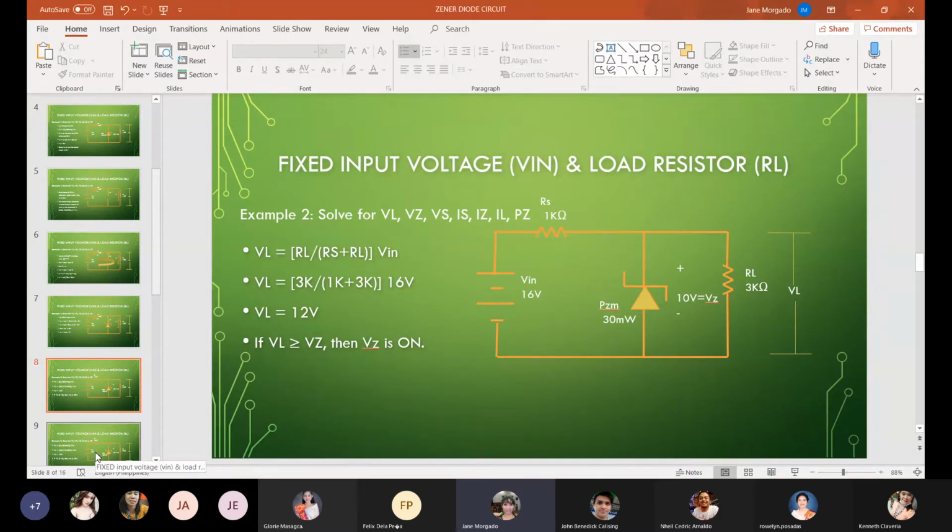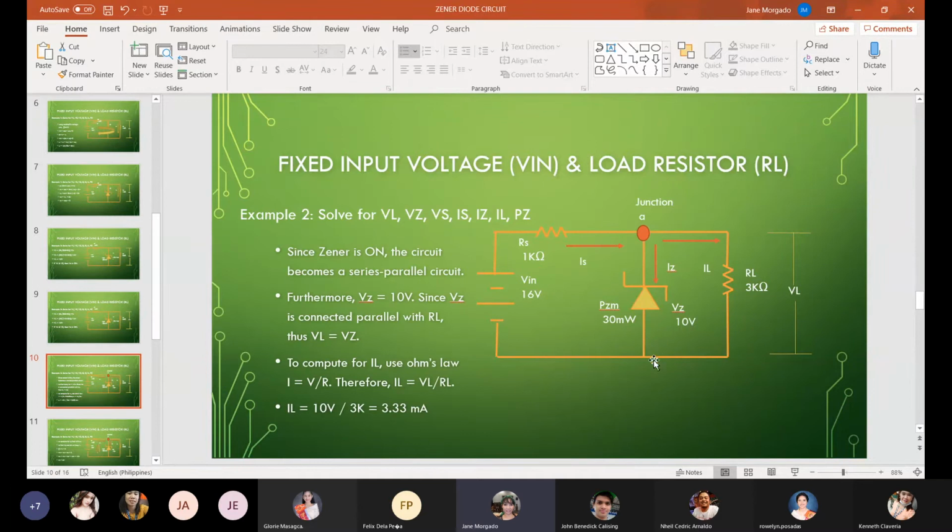So we know that the Zener is on, therefore we can be sure that current is now flowing through the Zener. Since the Zener diode is on, our circuit is not simply a series circuit, but rather a series-parallel circuit.